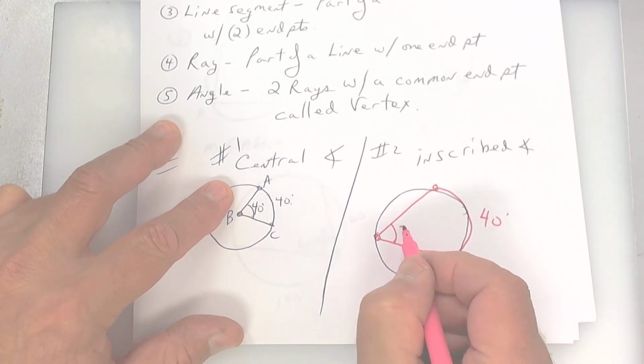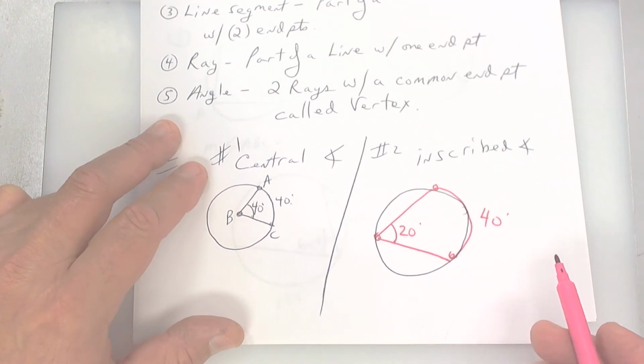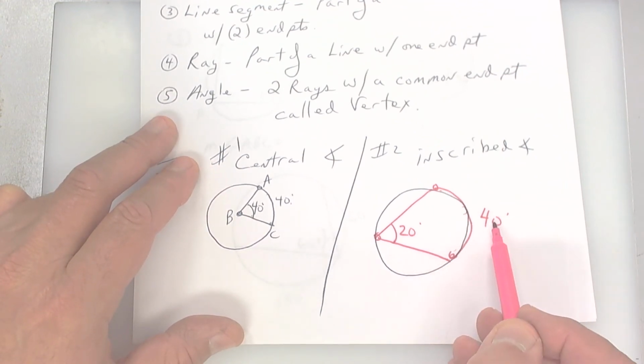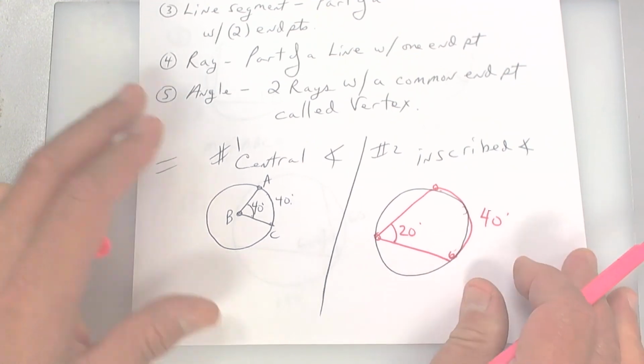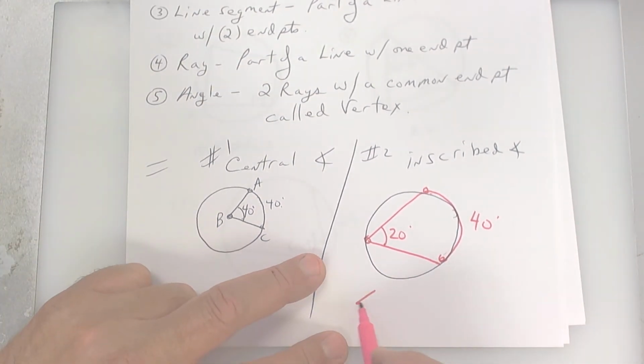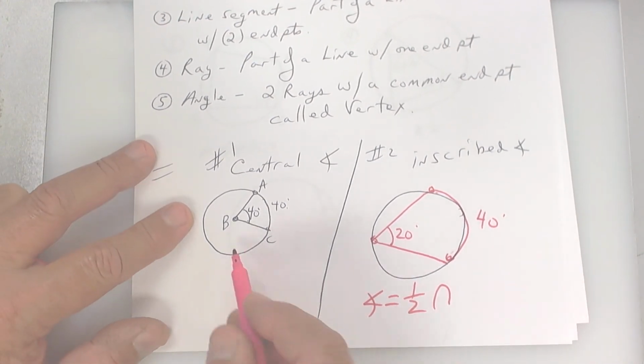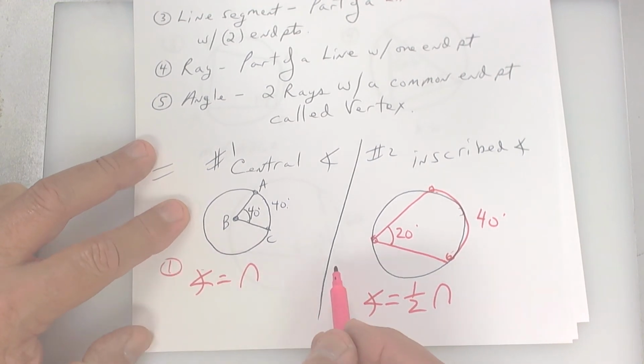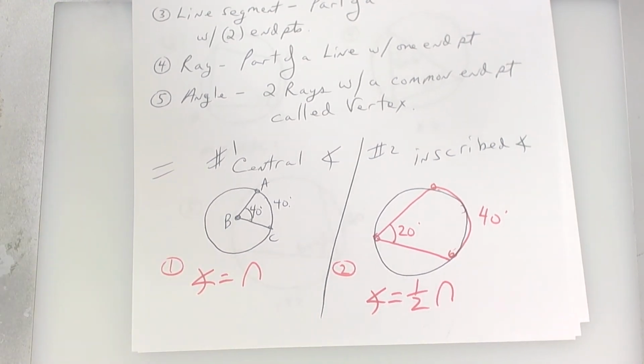So this angle would be half of that, 20. If they give you the angle, you double it to get the arc. If they give you the arc, you take half of it. Okay, that's the formula. So the angle is equal to half of the intercepted arc. This one, the angle is equal to the arc. So these are two formulas that we're learning so far. Write that down, make sure you know.